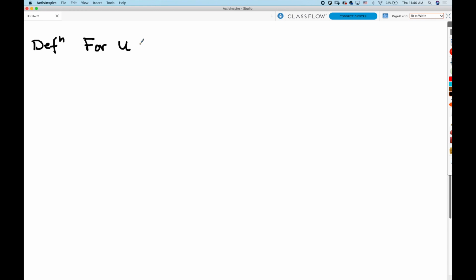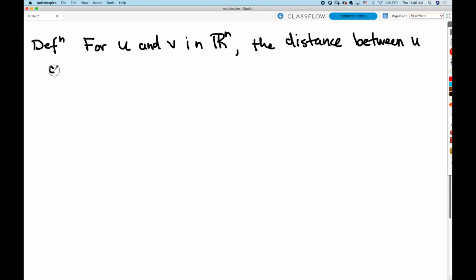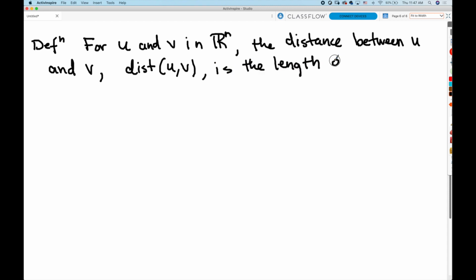For vectors u and v in Rn, the distance between u and v, which we write as dist(u, v), is the length of the vector u minus v.